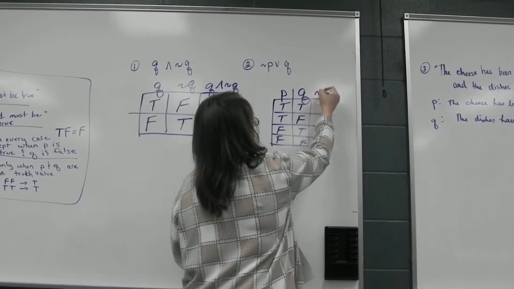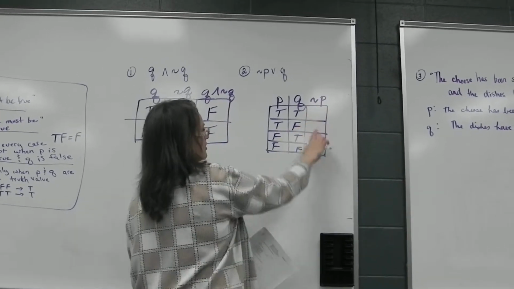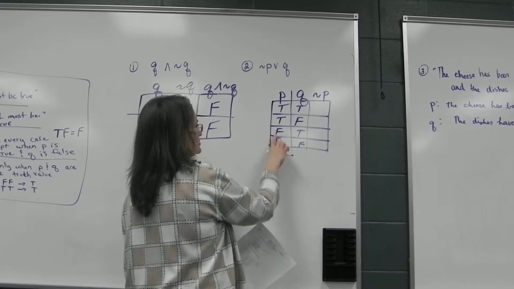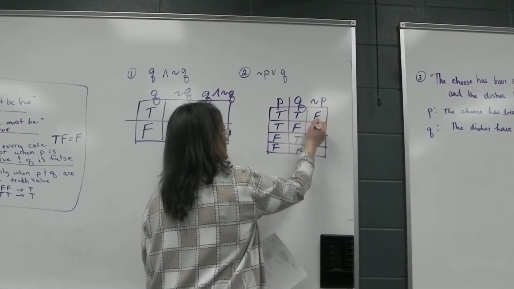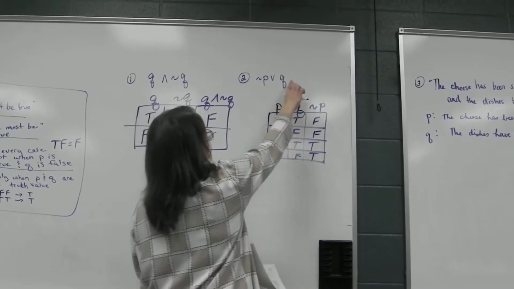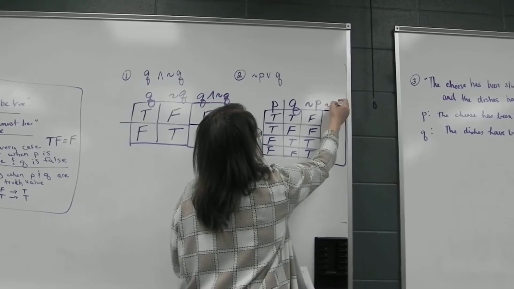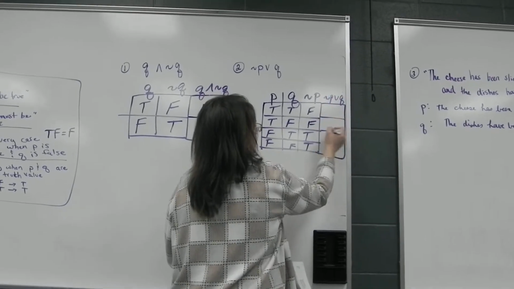Then the next thing in your chart says write down a list of what not P would look like. Not P just means look at your P values and do the opposite. So fill in opposite values in your chart. And then for the compound statement, figure out what not P or Q's truth values would be.